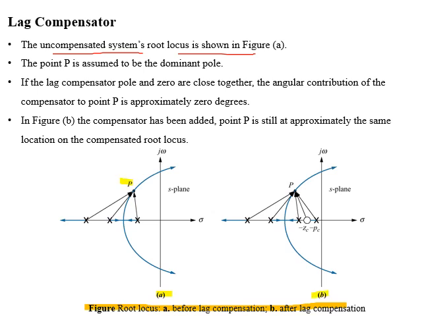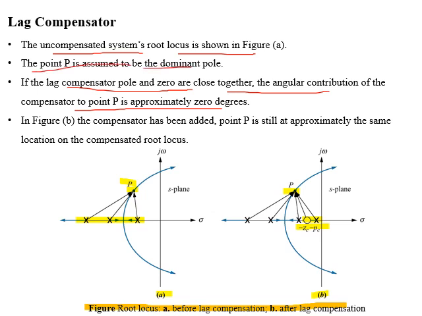And after adding the lag compensator, which adds a pole and zero close to each other, the angular contribution of the compensator pole is nearly cancelled out by the angular contribution of the compensator zero.